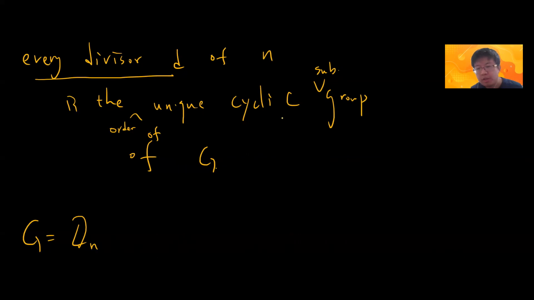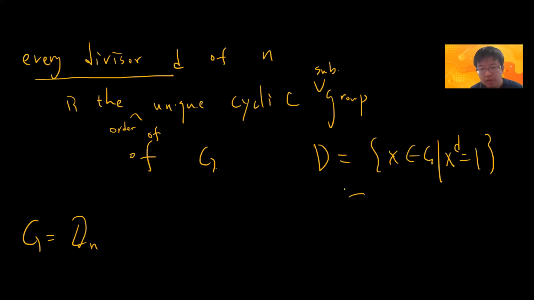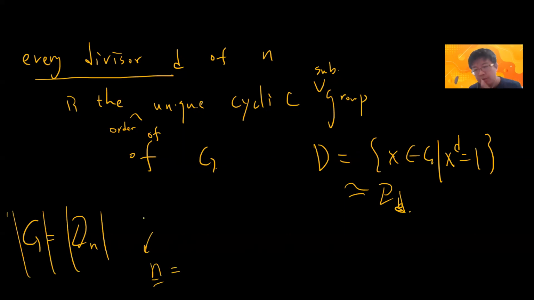So what is that subgroup? That subgroup is just the set of x belonging to G with x^d equal to 1, so this is just the cyclic group of order d. So the total number of elements is n, and each element has one particular order, and that order must be a divisor of n.